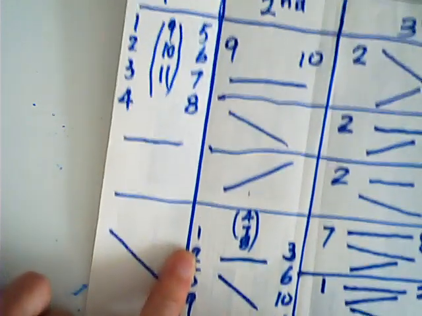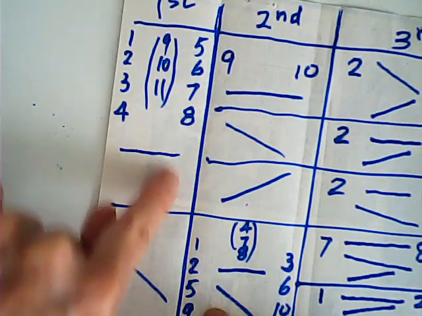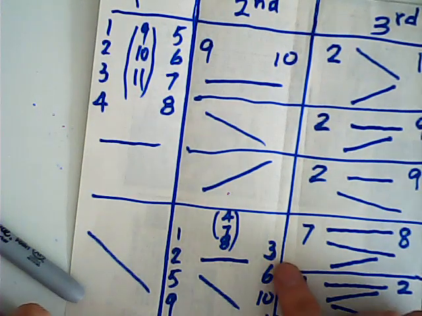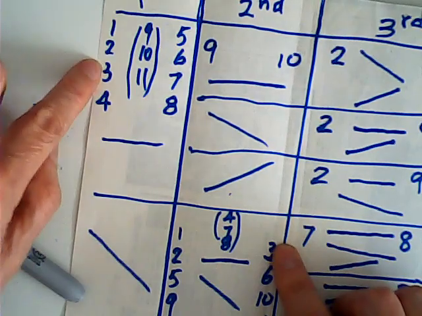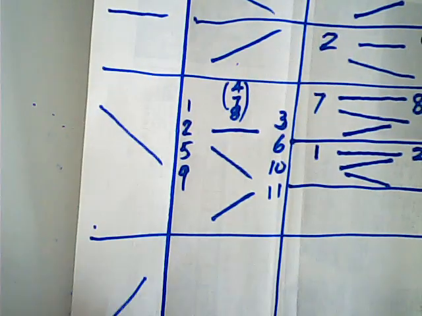Also, if I put 5 here, 5 could be heavier because the first shows 5 is heavier. So 5 could be heavier, right? And on this side 3 could be lighter. So that's easy.